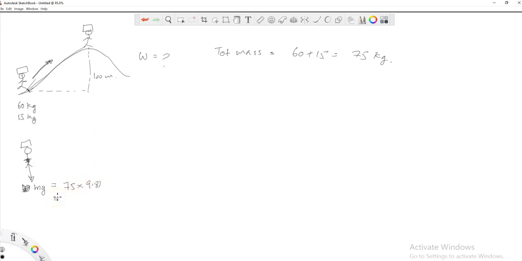What is 75 times 9.81? 735. So his weight is 735.75 newtons.